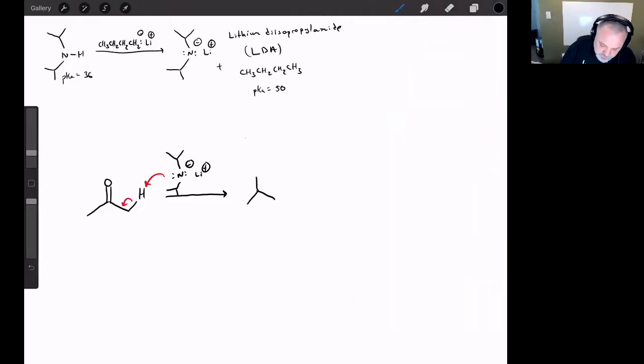That would bring the enolate. And I'd also have diisopropyl amine. We already talked about the pKa here around 36, and we did already talk about the pKa here. Even in the largest case, we're talking on the order of 19.